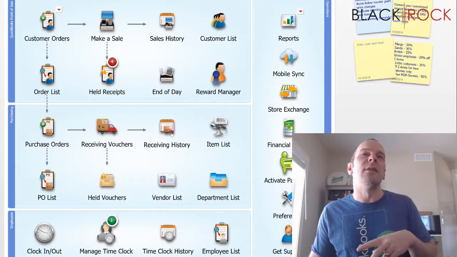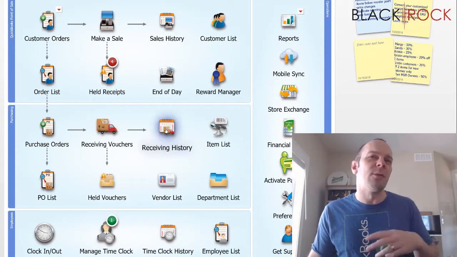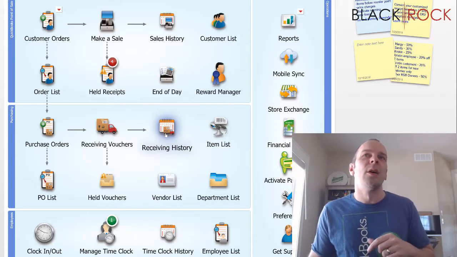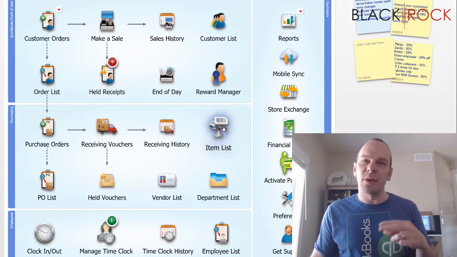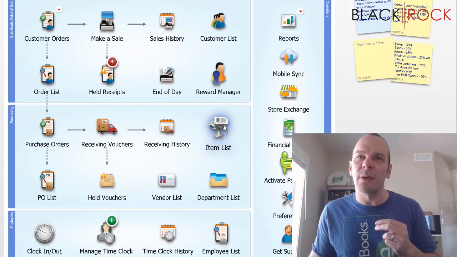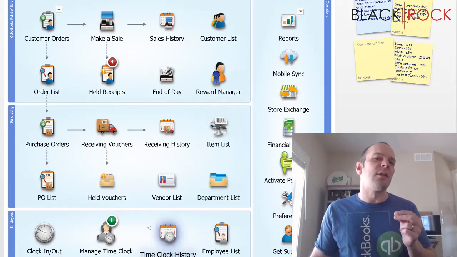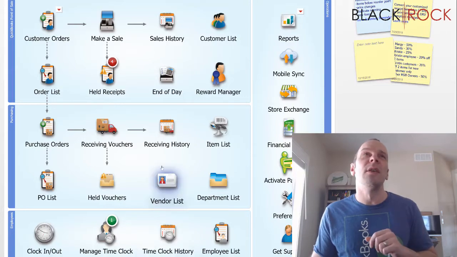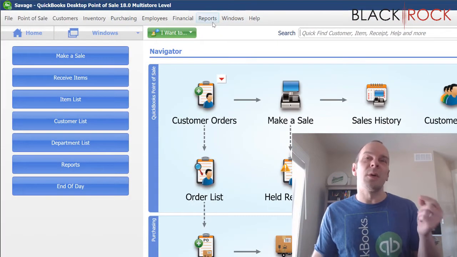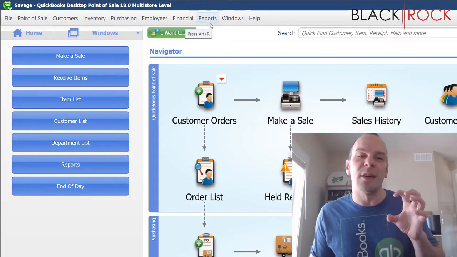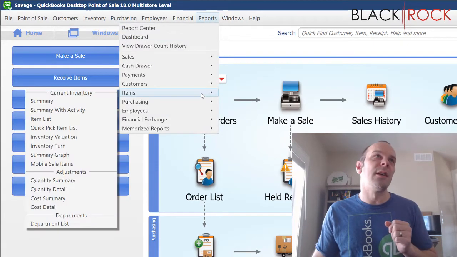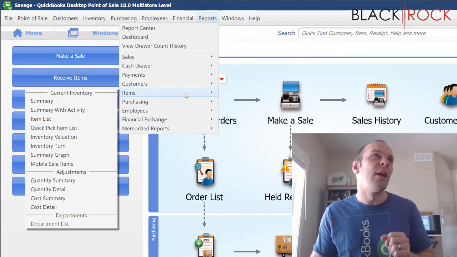Are you thinking of the receiving in of product? Is that what you want to investigate? Or maybe just inventory in general? Maybe you want to look up something for inventory. Or maybe you want to do some reporting on some of your employees. Or maybe even vendors. But really you need to figure out what is the main object of your report. And in this case it's going to be inventory or items.